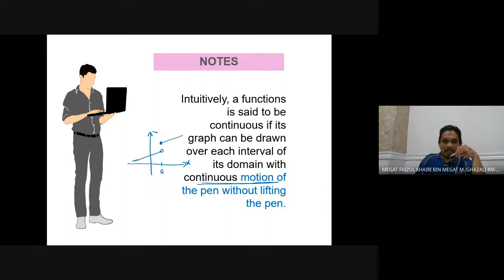Look at this dot moving on the line of this graph smoothly until I reach the point of x approaching a from the left. Then I need to lift the pen and jump to this point and continue.